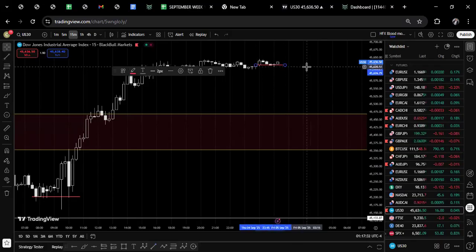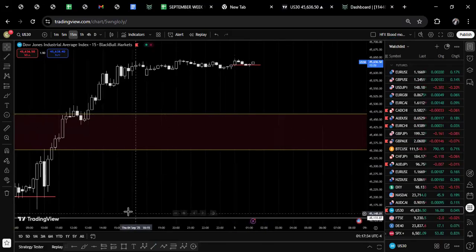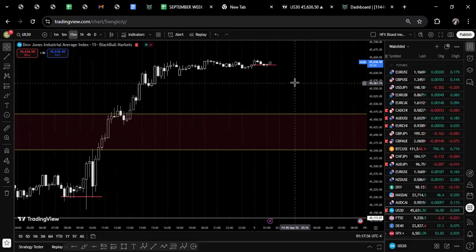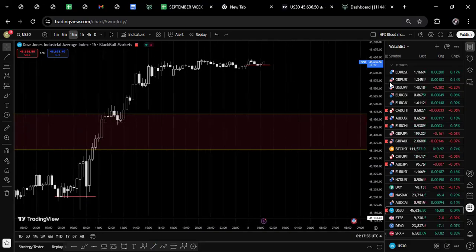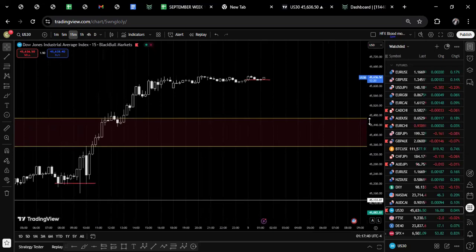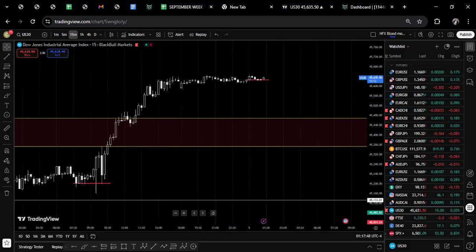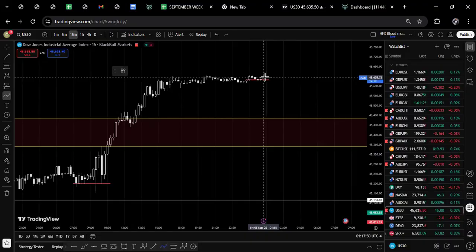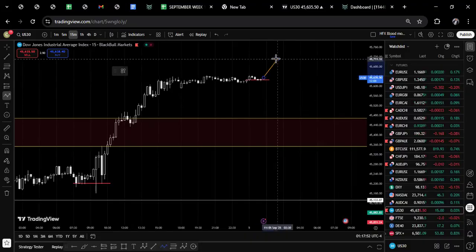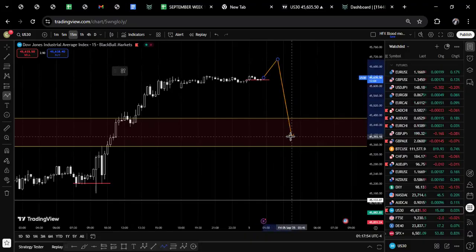Nice. So if I am expecting a short for today, what do I think the market is going to do? I expect it to trend up before coming down here.